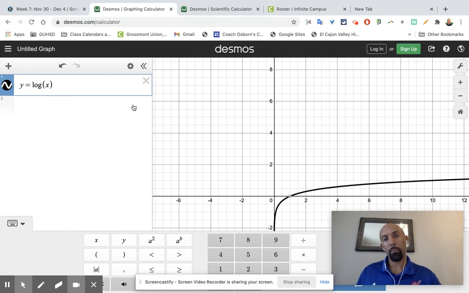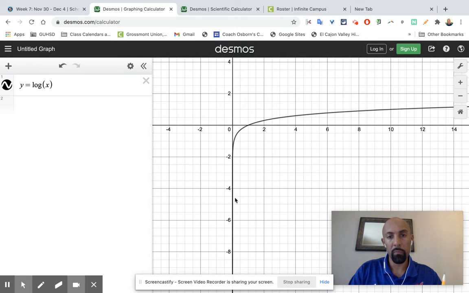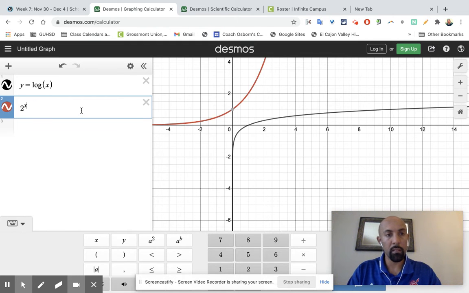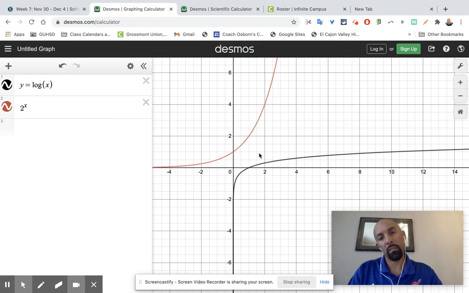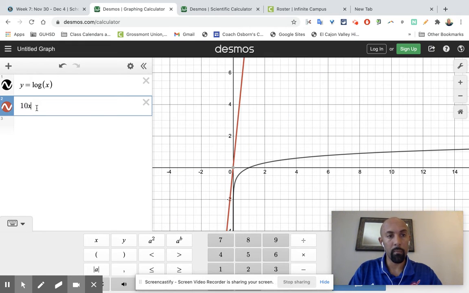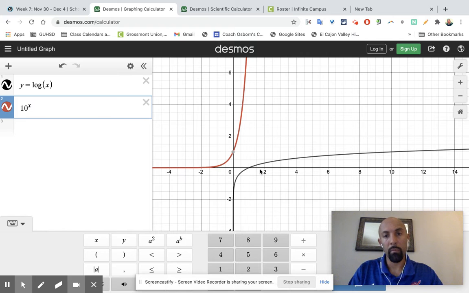All right, so first of all, it kind of starts here and see how it rides that line of x equals 0. If you notice, that looks a lot like the problem that we just looked at, like 2 to the x. It's somewhat similar. And if you remember, the base of log is always 10 when it's not written. So let's see what happens when we actually write 10 to the x power.